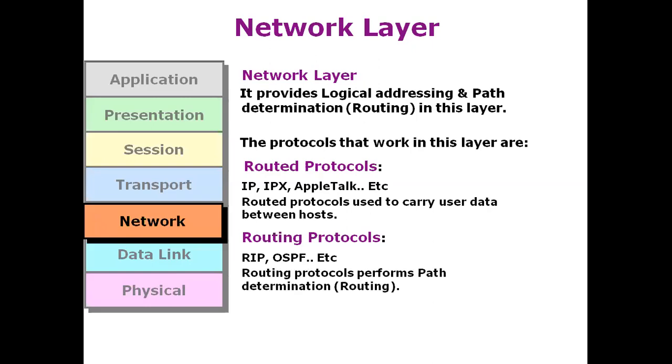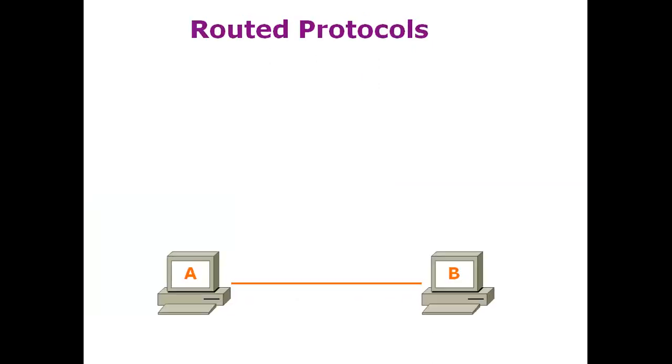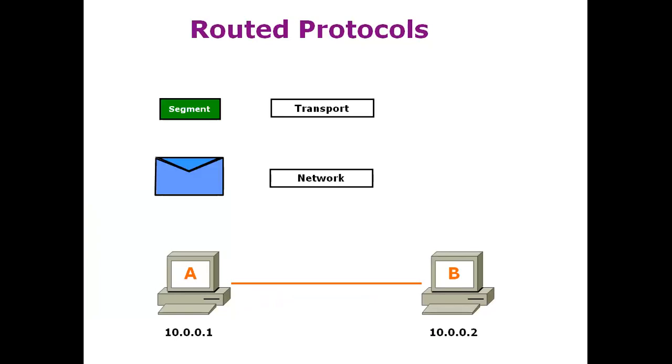See the scenario here. I'm going to explain routed protocol here. You have two computers here. So this is the segment which you are going to send to system B. But before sending data, you should add an IP header here, meaning you are adding source and destination IP address.